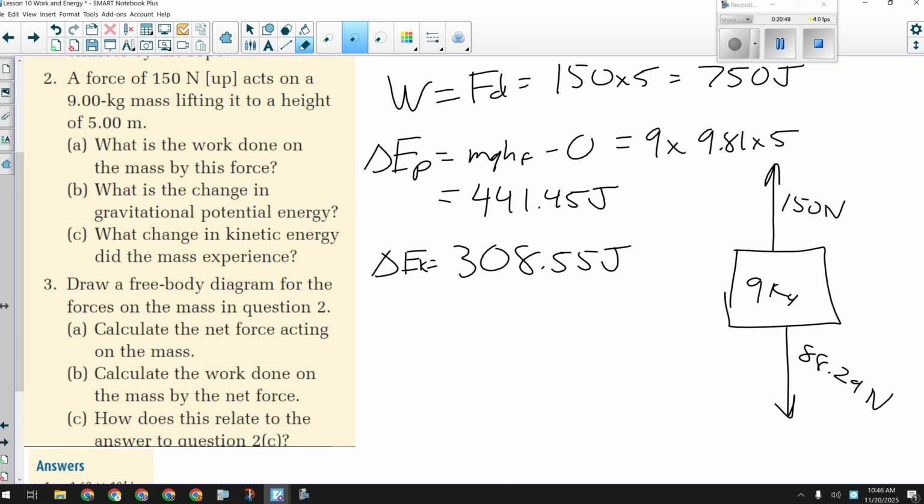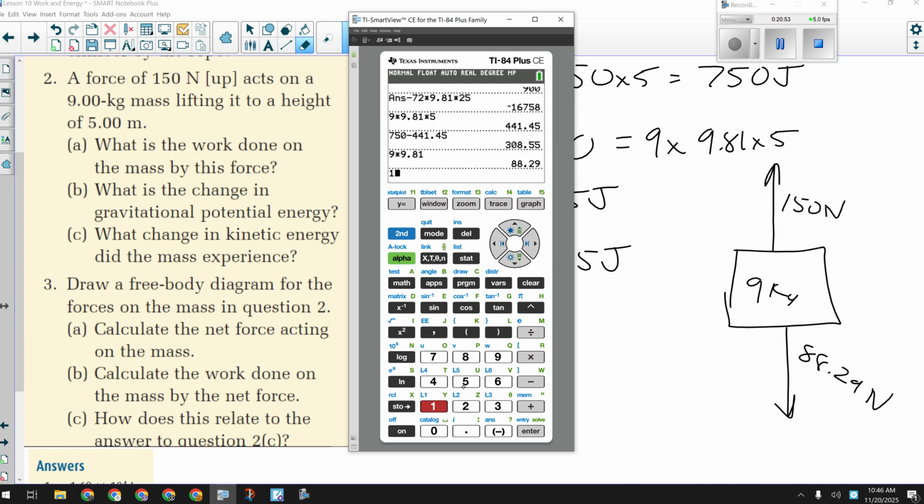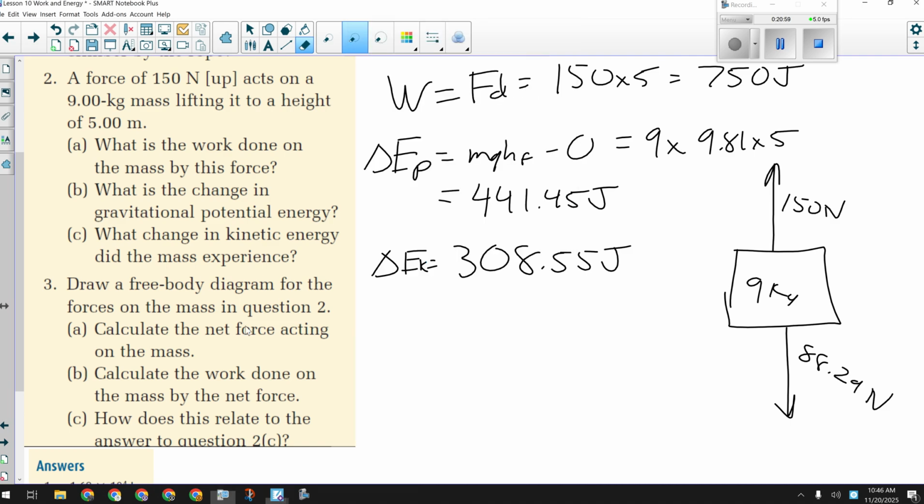At this point we can calculate the net force. We just have to go 150 minus 88.29. So the net force in this situation is 61.71 newtons. If there's a net force, what does it cause?